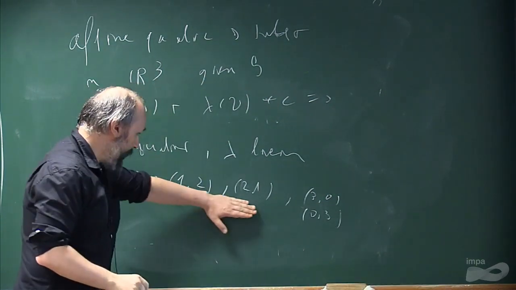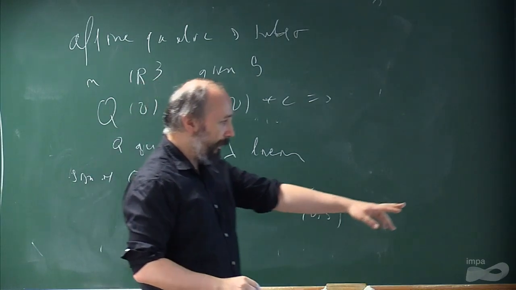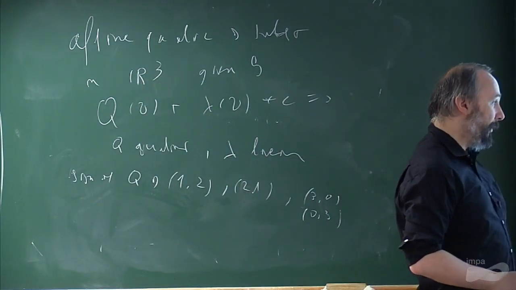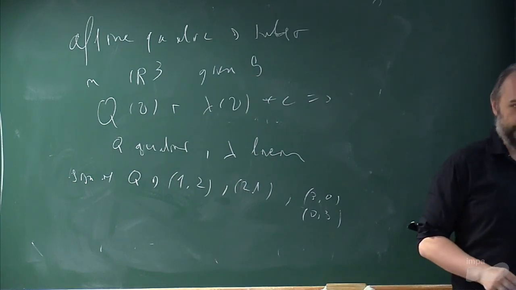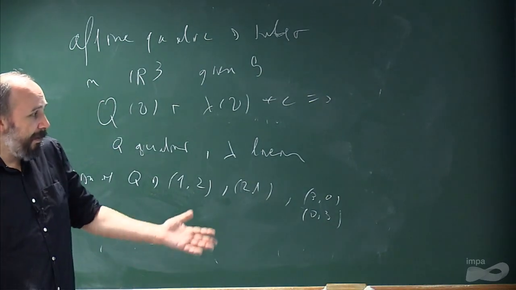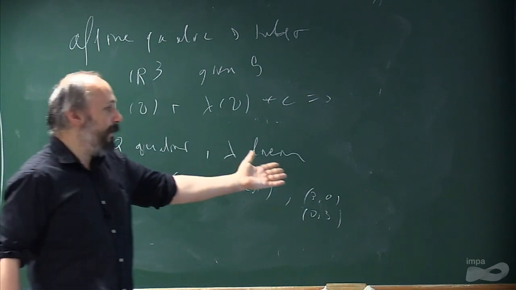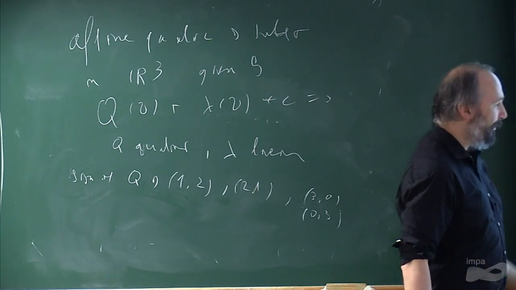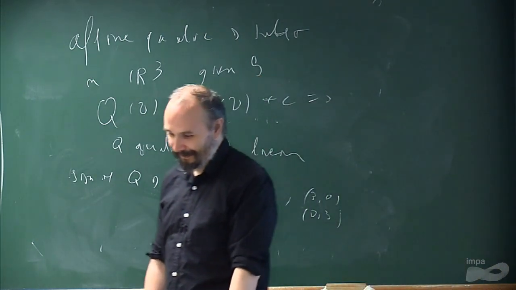We'll be interested only in the non-degenerate case, and there you have only two choices: the hyperboloid, one-sheeted or two-sheeted. I'm not explaining this, it's just a definition. You define one-sheeted for C negative, two-sheeted for C positive.